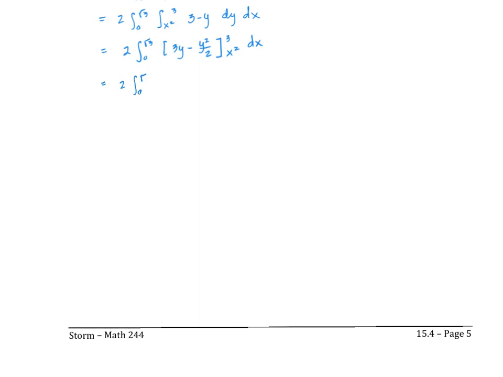So if I put in 3, I end up with 9 minus 9/2, minus 3x squared minus x to the 4th over 2. Well, I guess that wasn't that bad. So it's 9/2 minus 3x squared plus x to the 4th over 2.